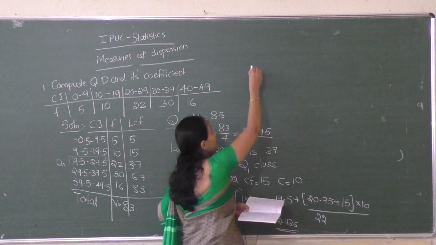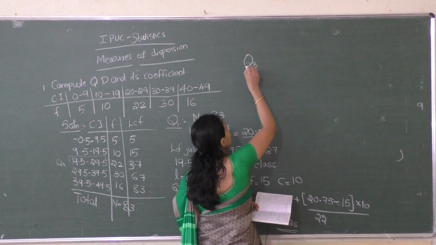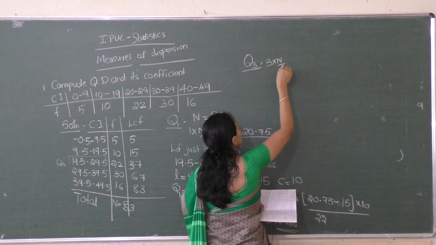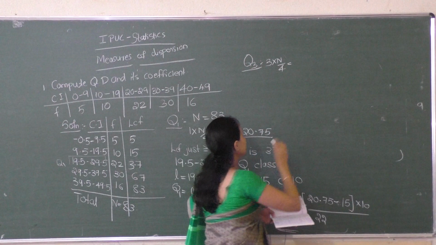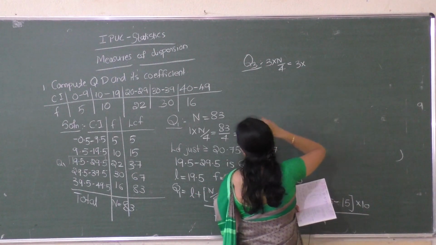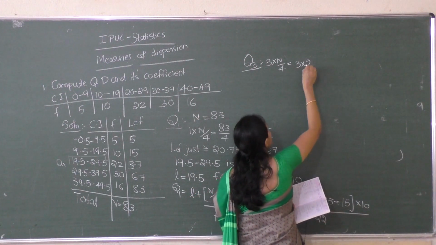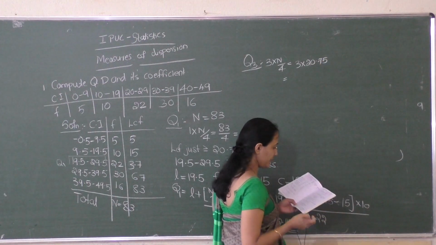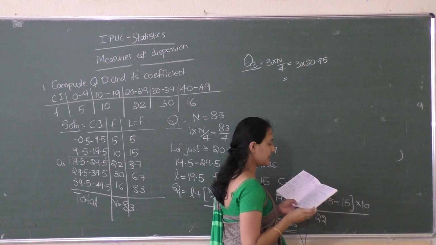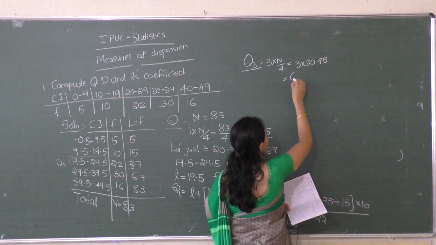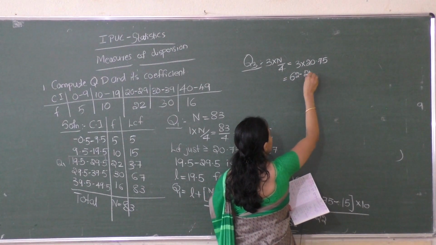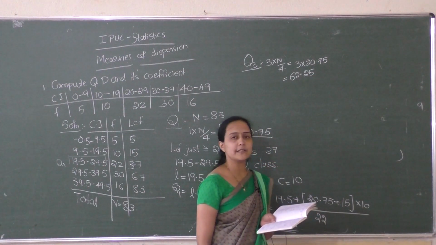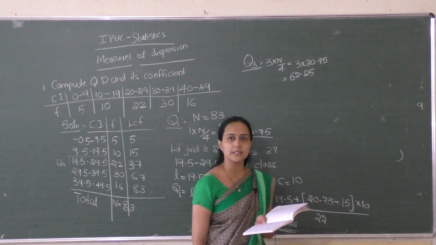Q3 means 3 into n by 4. 3 into 20.75, that is 62.25. Correct? 3 into 20.75, that is 62.25.